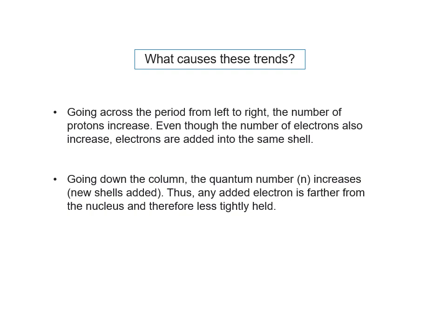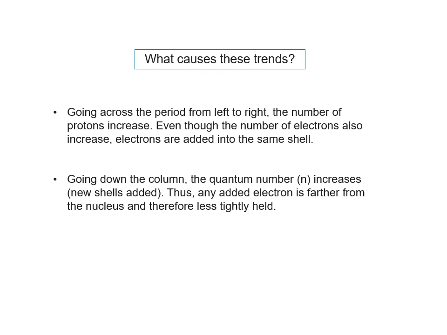Remember that in the periodic table, elements are arranged in increasing atomic number from left to right and from top to bottom. So as we go from left to right, the number of protons increases. Remember that the number of electrons also increases as we go from left to right. But any electron that gets added, going from left to right, gets added into the same shell.